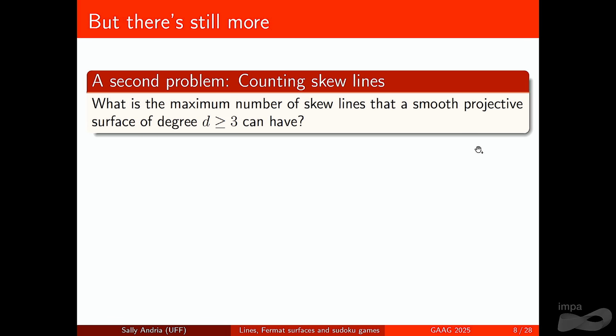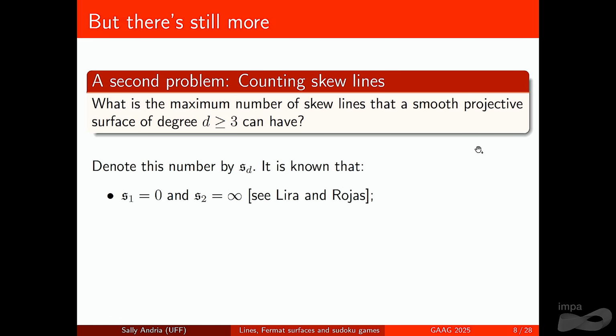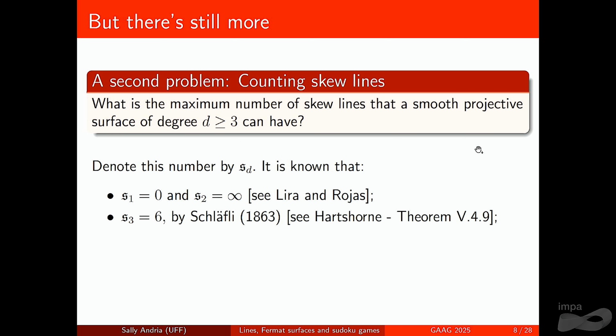The answer is none for the plane, and for quadrics we have infinitely many skew lines. You can see all these things in this reference. For degree 3, we have 6 by Schläfli, a well-known result you can see in Hartshorne.